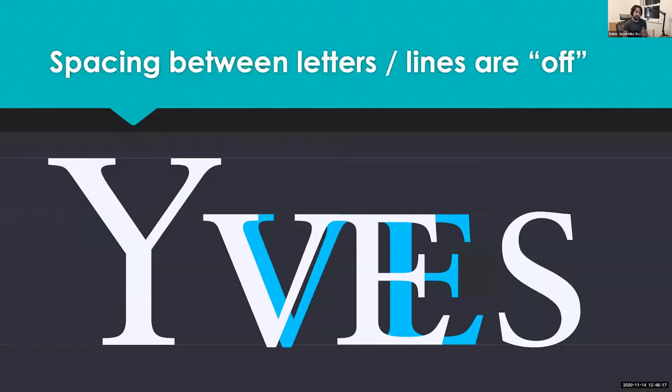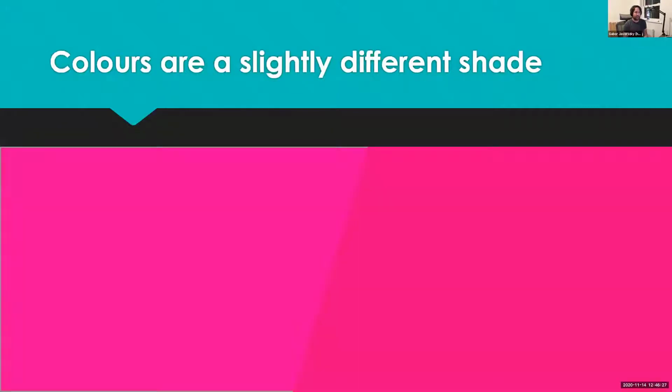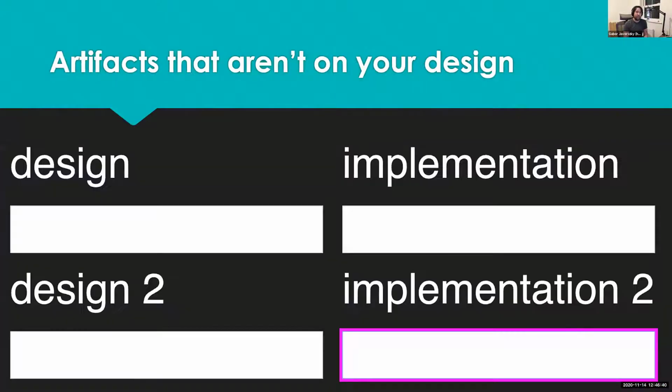One of them is going to be kerning, because your perfectly designed thing is going to look different than what's on the web page. The other one is going to be the colors might be slightly off. I don't know if you can actually see it, but the two colors are slightly different. A third issue that I kept running into was designers would object to there being an outline on focused elements.